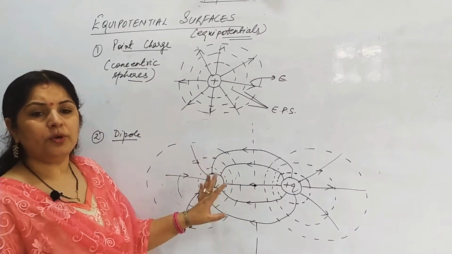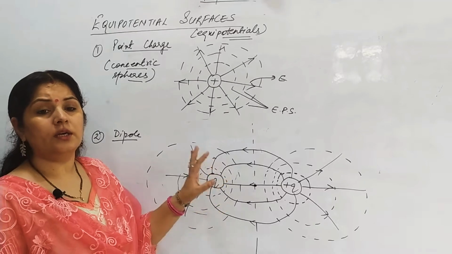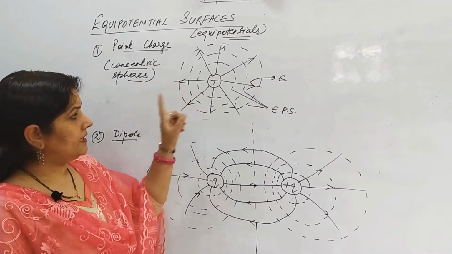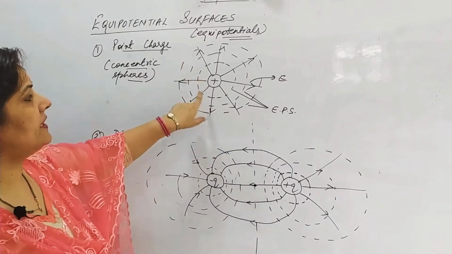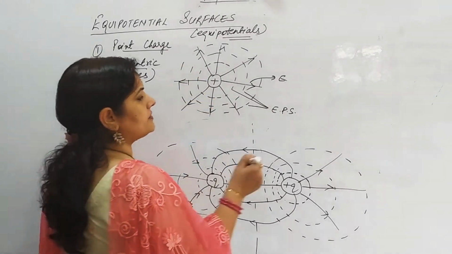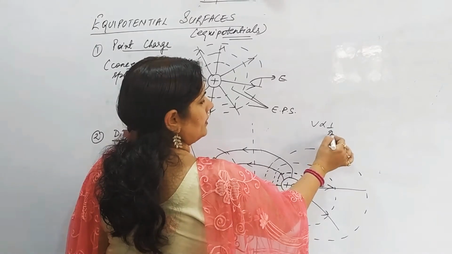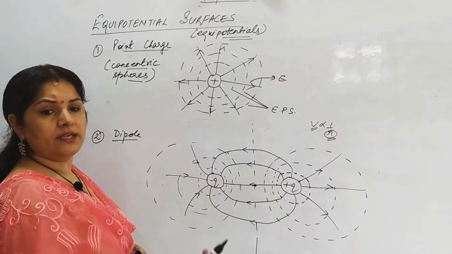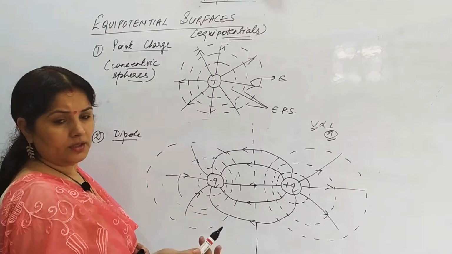So that is how equipotential surfaces look for a dipole. One more correction here. When we are taking equipotential surfaces, because V is proportional to 1/r, for lesser distance the potential will be more, for higher distance the potential will be less.